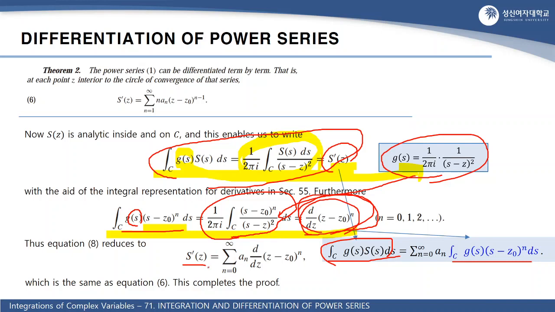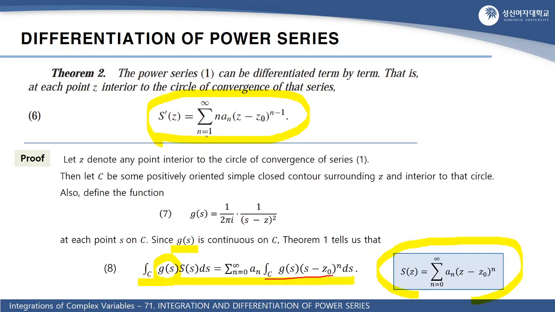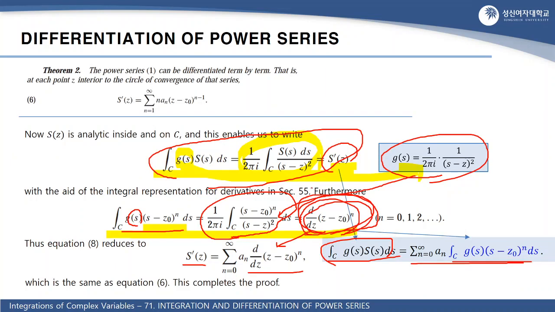Then S prime of z is equal to this expression, which is the summation n equals 0 to infinity of a n times d over dz of (z minus z naught) to the n, which is exactly the same as expression 6 in theorem 2. So we complete the proof.